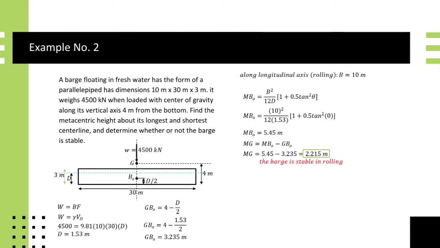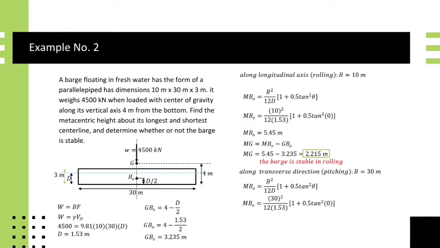Next one is along the transverse direction, which is the pitching side. And then, dahil pitching yan, you will be considering the base of 30 meters. So, gamit ulit yung formula na MBO is equal to B squared over 12D. Salpak mo lang ulit. So, B will be now equal to 30 meters.